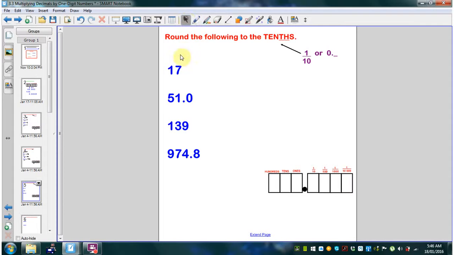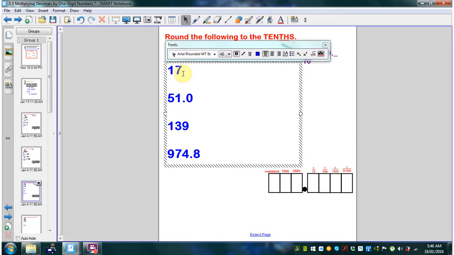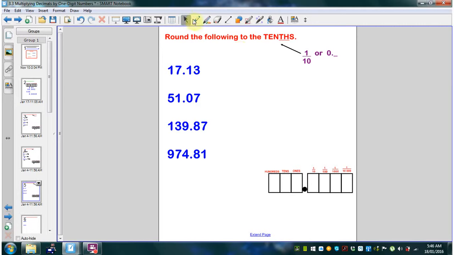Okay, so I'm going to just change a few examples here. I noticed here I made a little mistake. So now, we're going to try the first one together, and then again I'm going to get you to try these three.